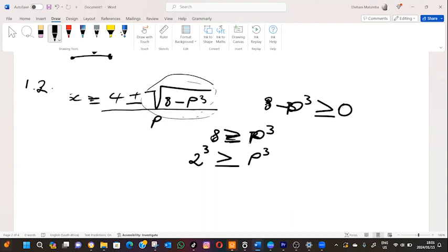Now, what do you see from that? You can see that the exponents are the same. Therefore, the bases must be the same as well. So therefore, P is equal to 2.